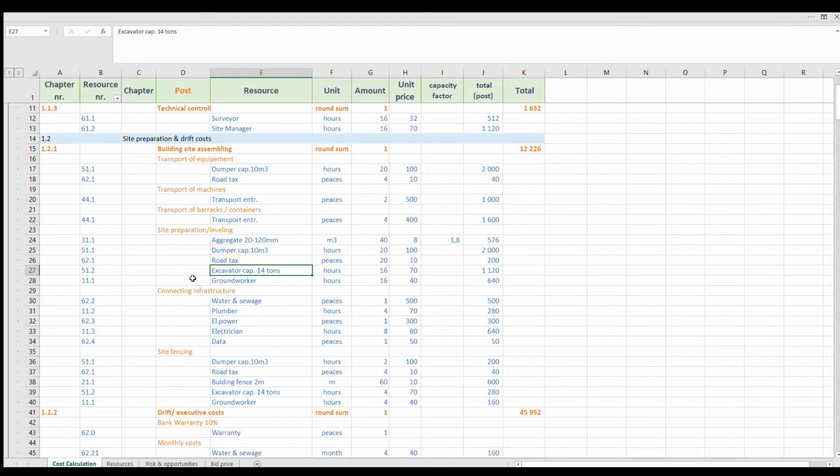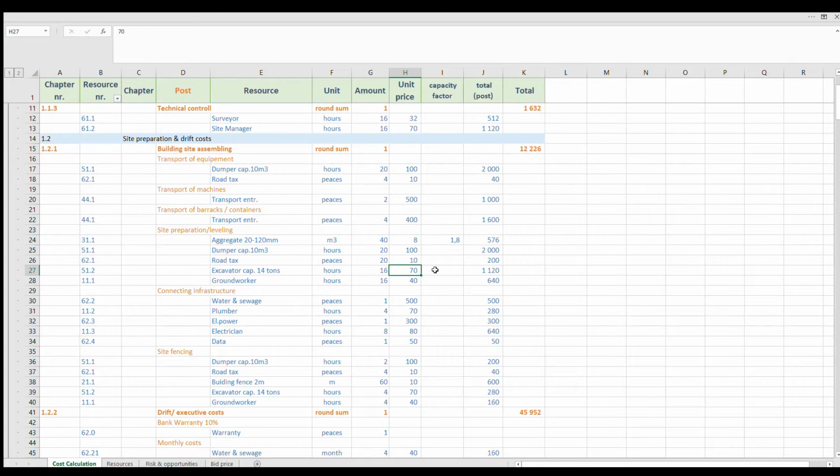Many major cities in Europe have very strict regulation now about CO2 amount at your building site. So it may be that you must use some other type of excavator, for example, with biodiesel or biogas, or maybe even electrical. It will, of course, use a much higher price here.